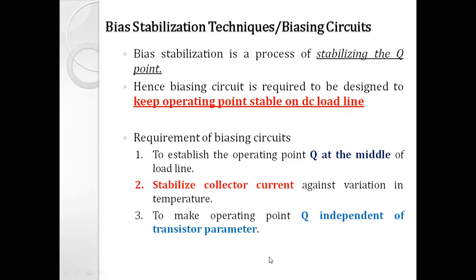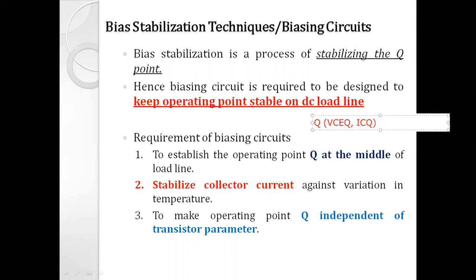So operating point is the point which has the coordinate like Q. X-axis coordinate is the output voltage, that is VCEQ, and Y-axis coordinate, that is the output current ICQ. So this is the location of the operating point on the output characteristic, right?